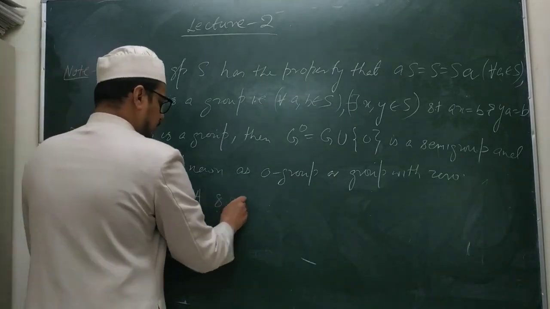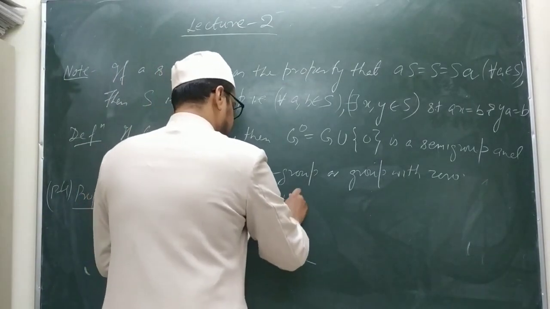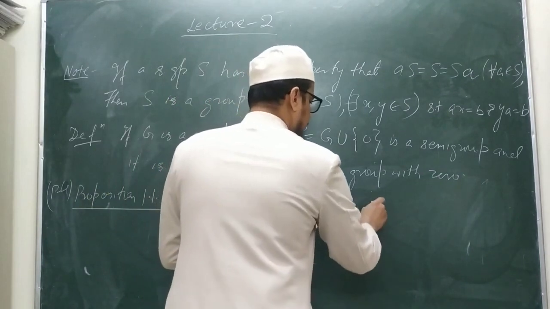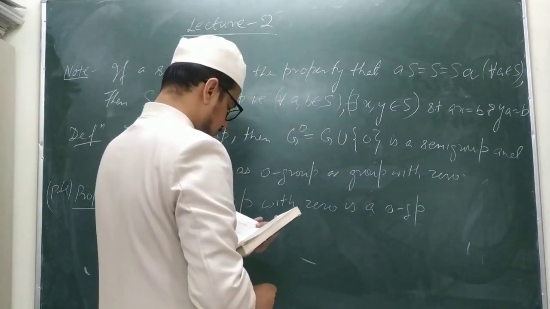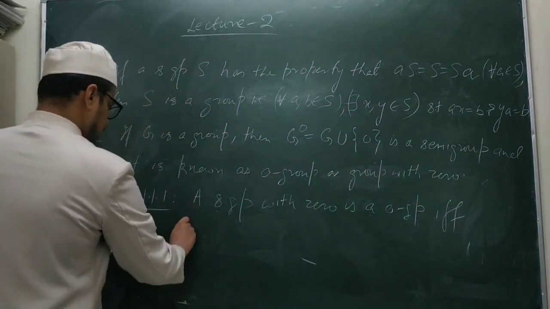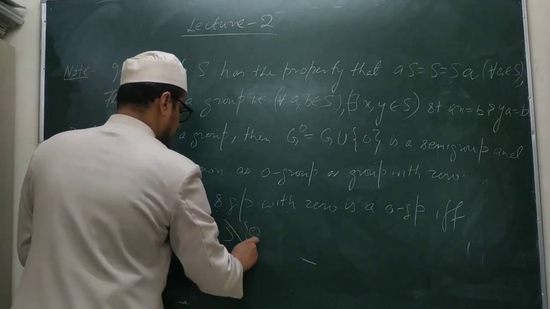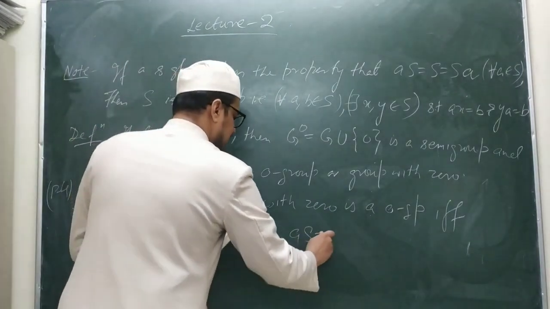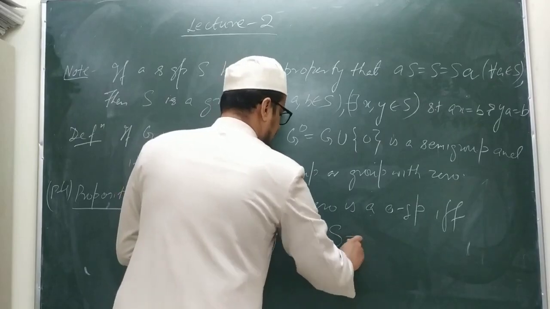A semigroup with 0 is a zero group if and only if for every A belongs to S minus 0, AS is equal to S is equal to SA.